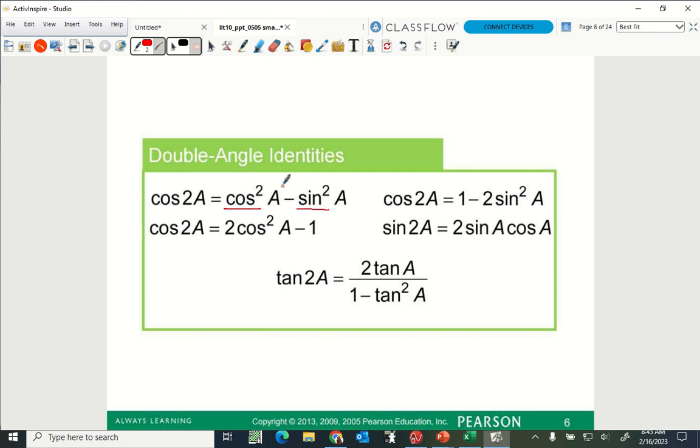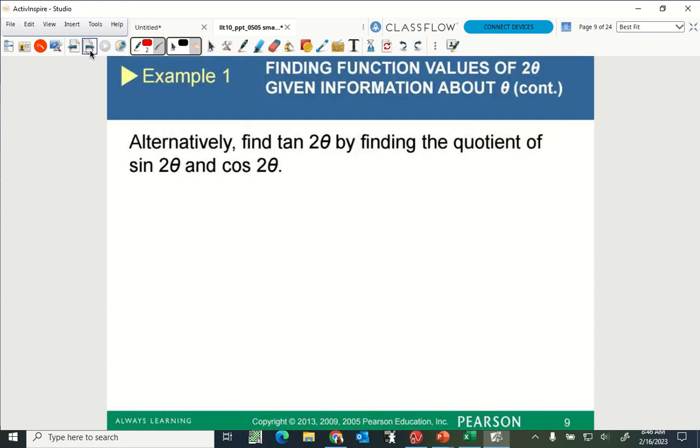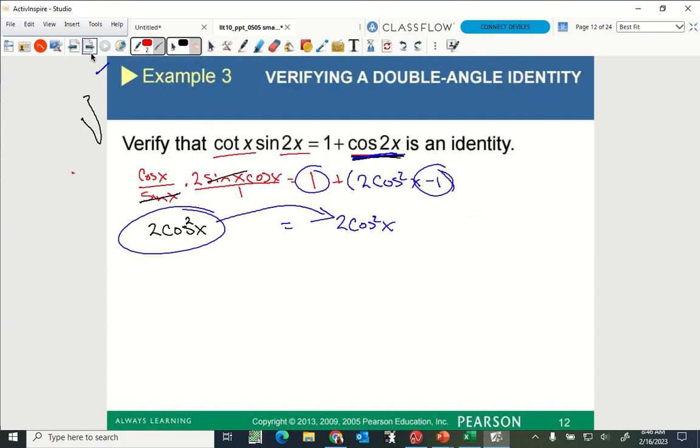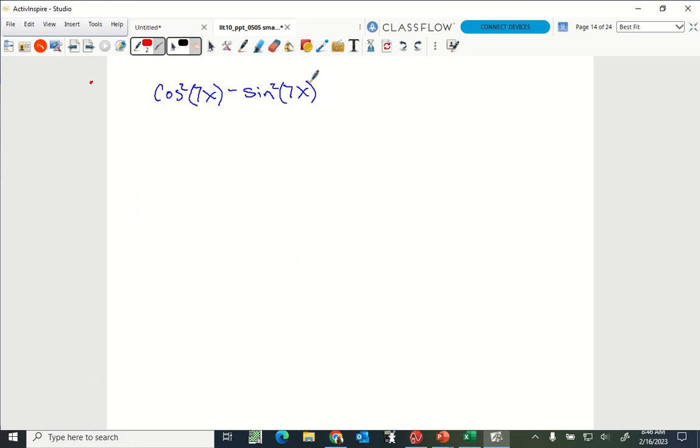Now, I'm going to work this one backwards. So whatever this is, in both of these angles here, it's going to go over here now. It's going to turn into cosine of 2 times whatever that angle is.